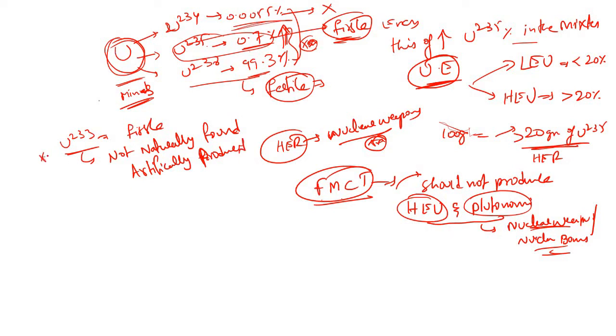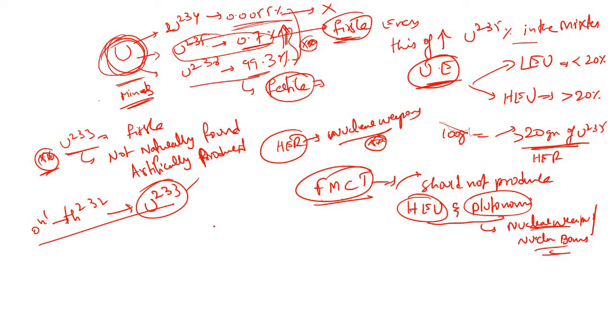So we need to remember this from the prelims perspective, because as we saw, thorium-232, when it is bombarded with a neutron, converts into 233, means it is artificially produced and not naturally found in uranium oxide. Okay, so keep this in mind.